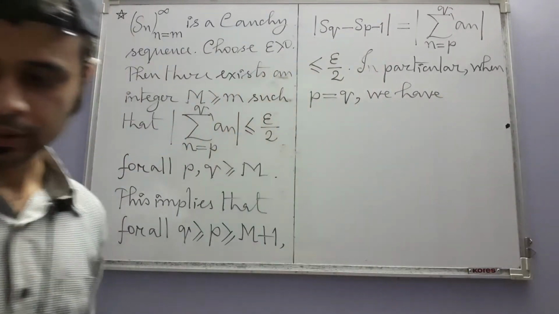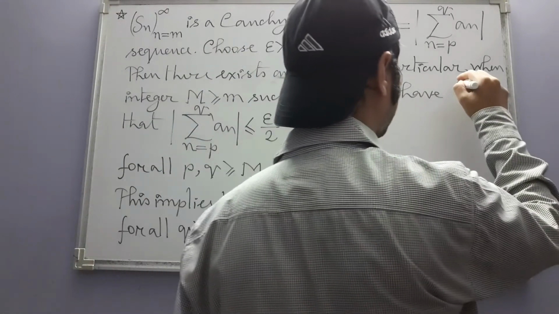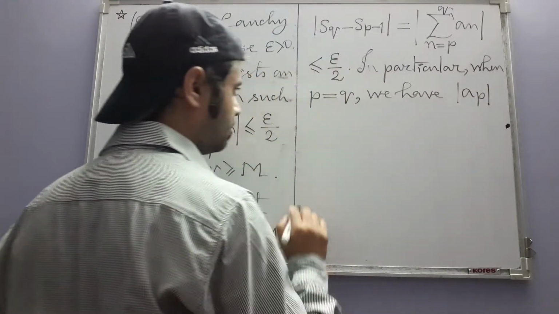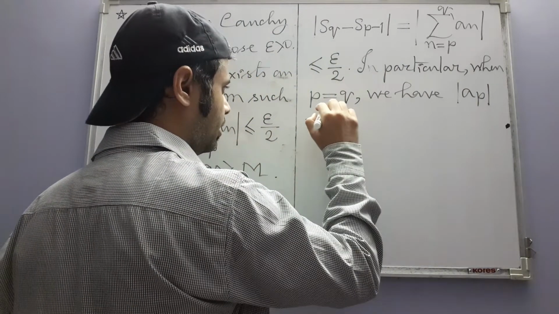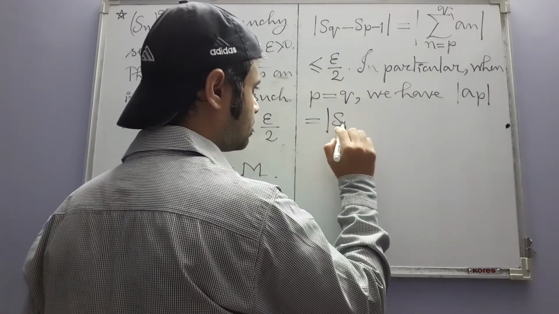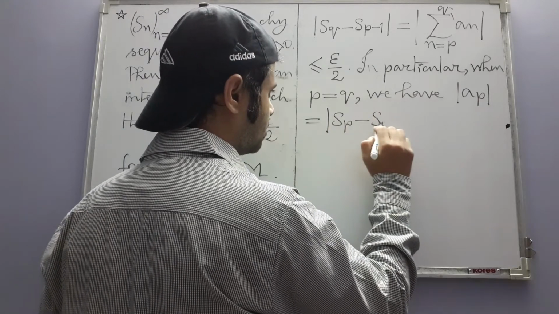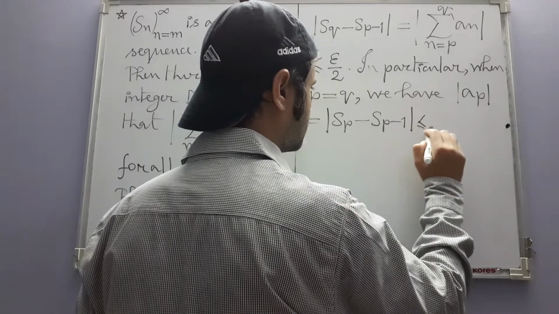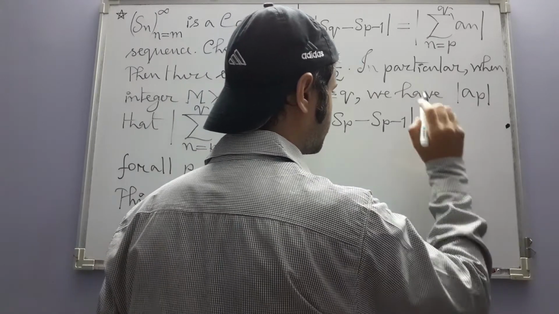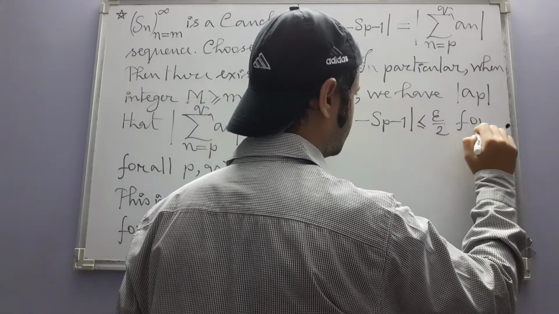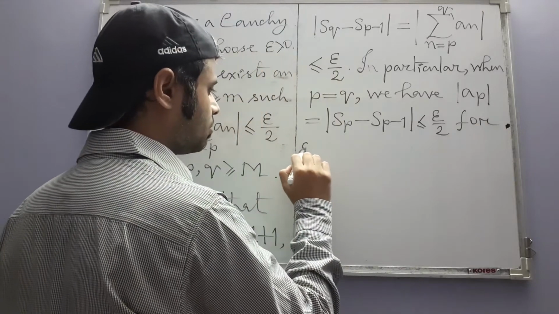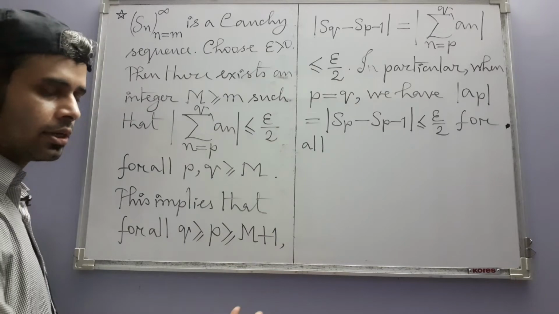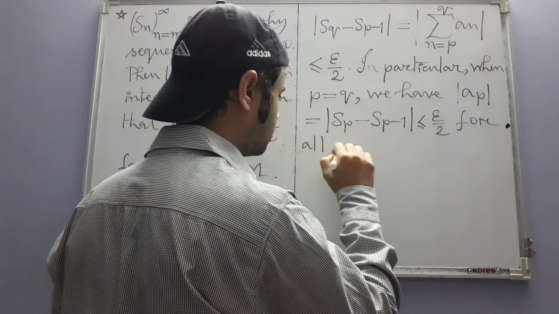So I can write it at once. The absolute value of AP, but AP is SP minus 1. So this thing is less than or equal to epsilon divided by 2 for all P greater than or equal to M plus 1.